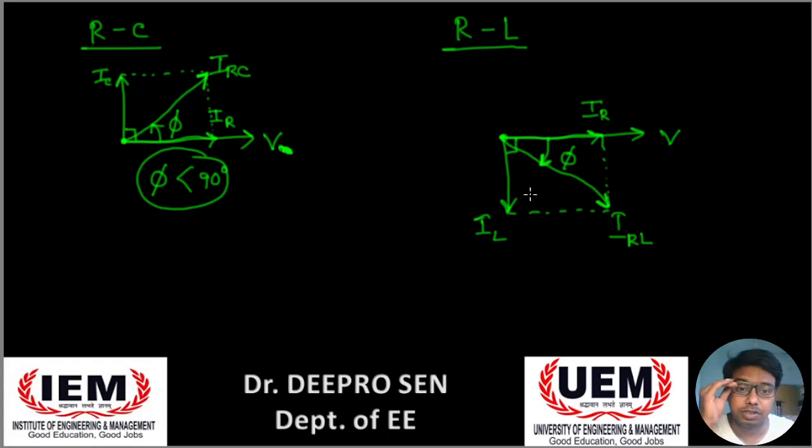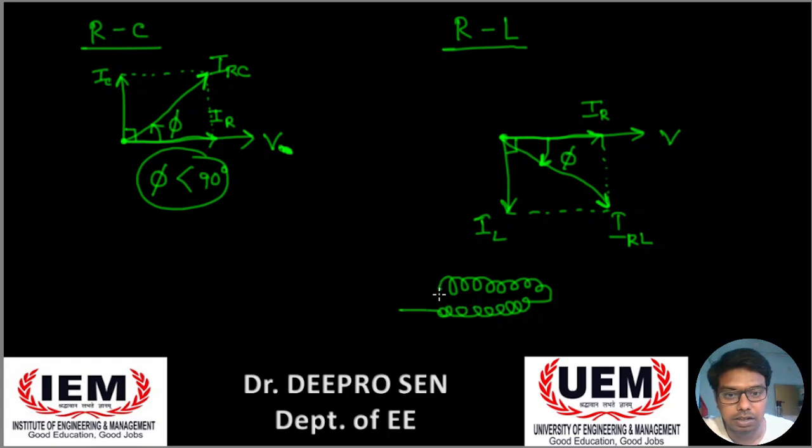I'll give you an example. Almost all of you have seen a heating coil, right? A heating coil is made up of things like this, and they are connected to some voltage, right? So this coil has got some resistance. Anything will have a resistance.